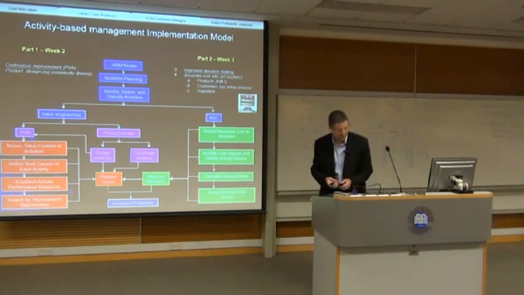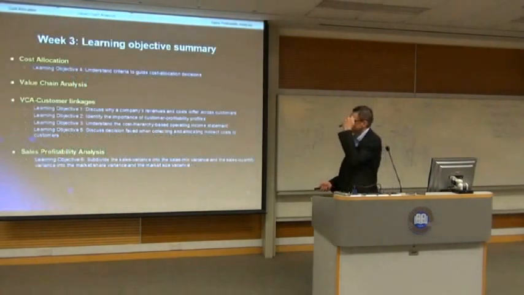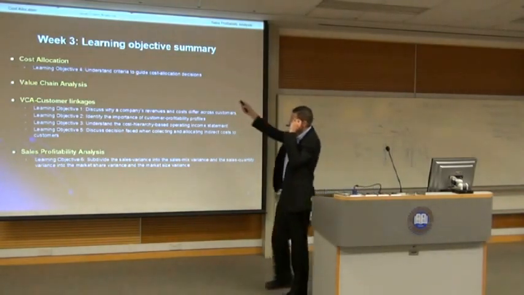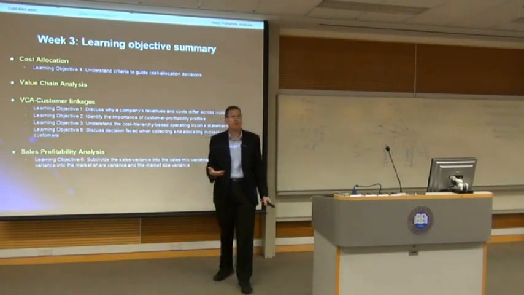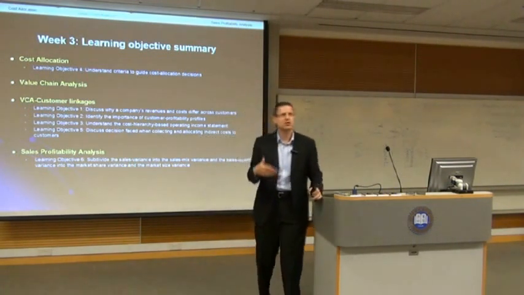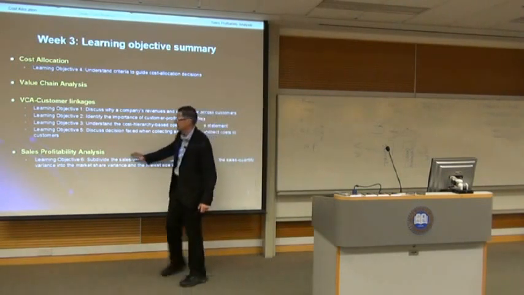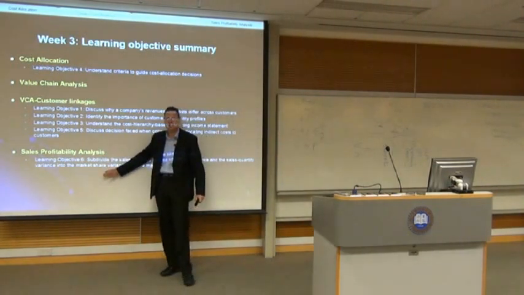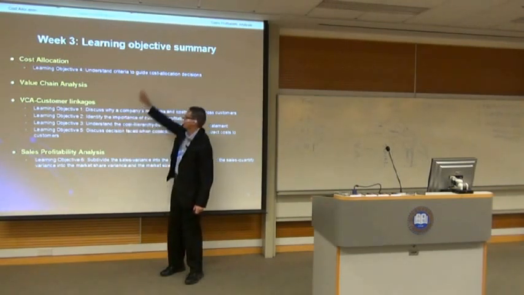So here's what we want to do. There are the learning objectives that we're going to cover. In terms of administration of the exam, we're not going to have time to cover sales profitability analysis. Today we'll get up to learning objective 3 and 4.